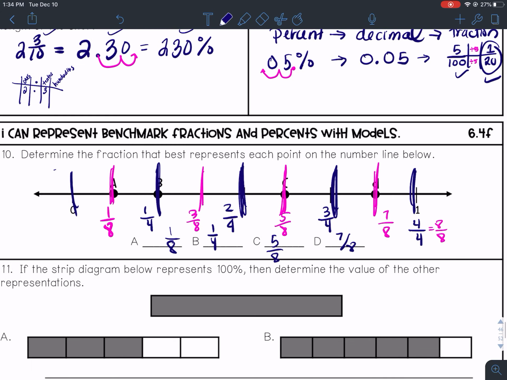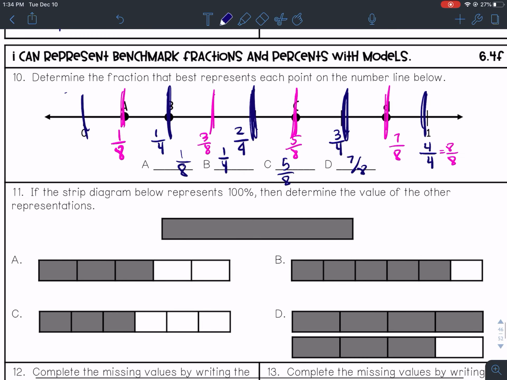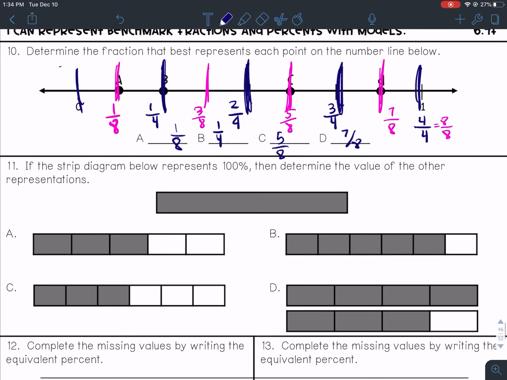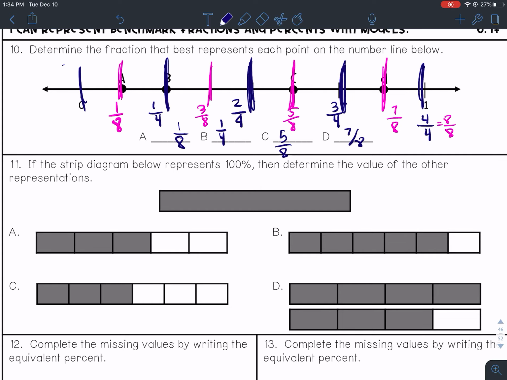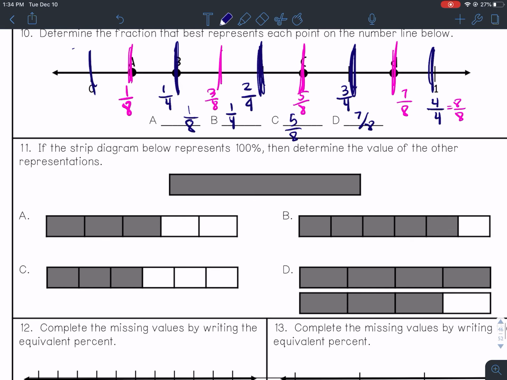Okay, now let's go to 11. If the strip diagram below represents 100%, then determine the value of the other representations. Okay, so for each one, first I want to see what it is as a fraction. So here I have 1, 2, 3. I have 3 shaded out of 5.